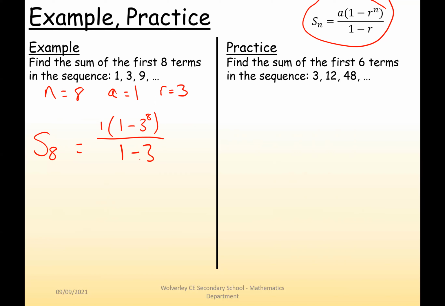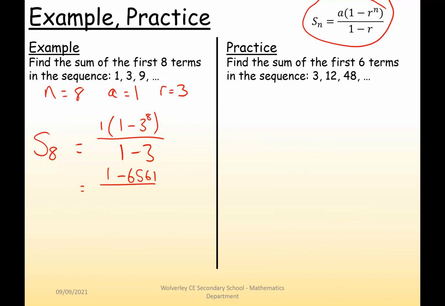It's really important that when we're doing this, we just substitute first. Don't start simplifying it yet, because that's when mistakes start coming in. At this point, we can start the simplifying. We don't need that 1 on the outside of the bracket. So we've got 1 minus 3 to the power of 8, which is 6,561.